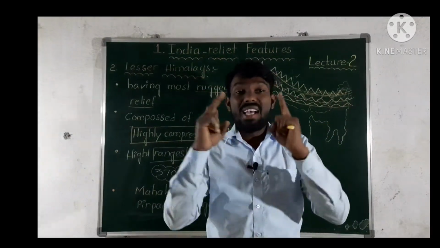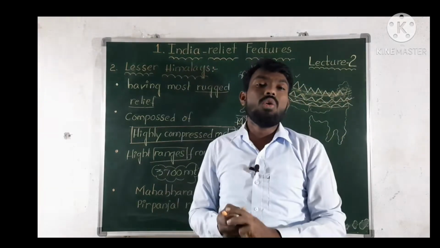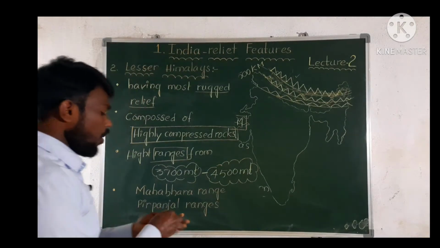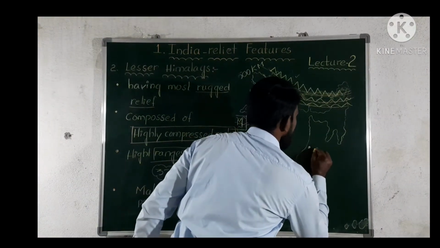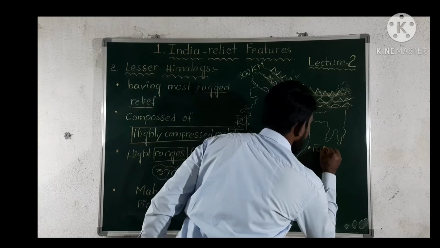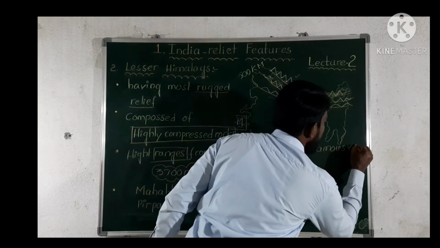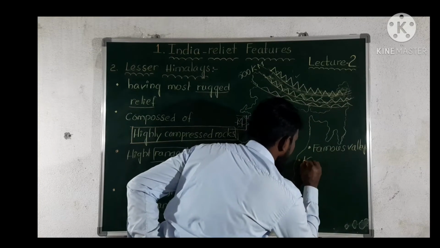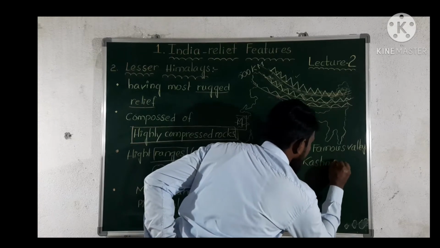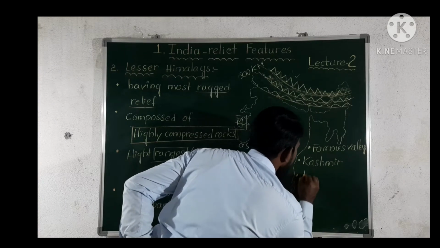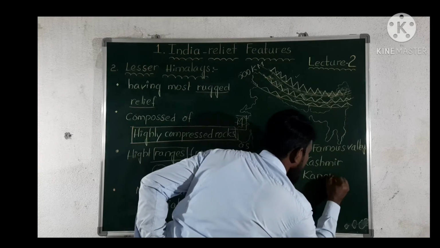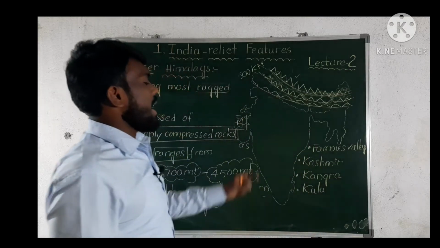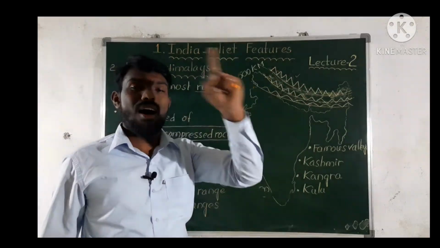They are Kashmir, Kangra and Kulu. These are the famous valleys we can find in the lesser Himalayas.